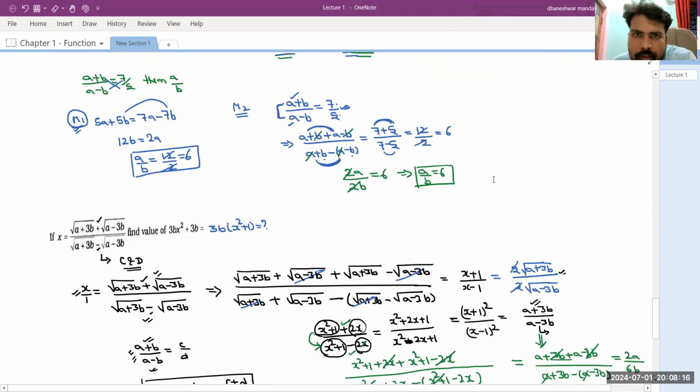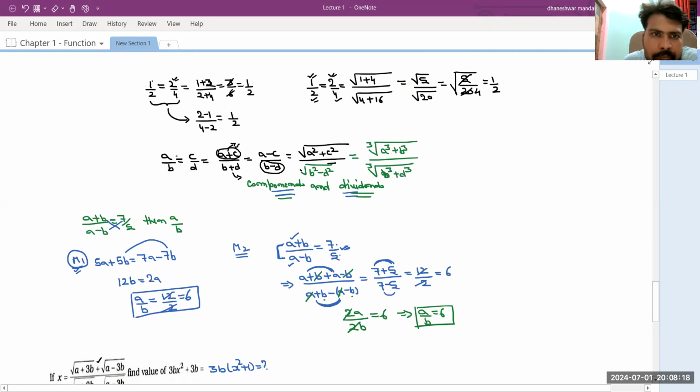See, here we have learned this thing. A by B is there, C by D is there. If the ratio is same, and if I add both terms in the numerator and add the same terms in the denominator, then the ratio will be the same. Okay. Then if I do the same process here and here, then the ratio will not change.